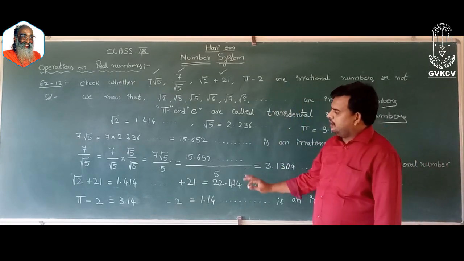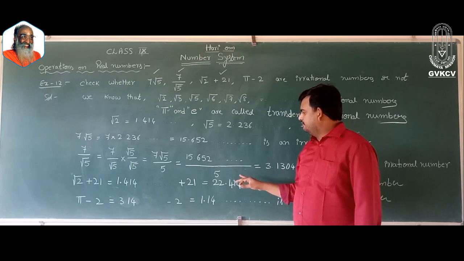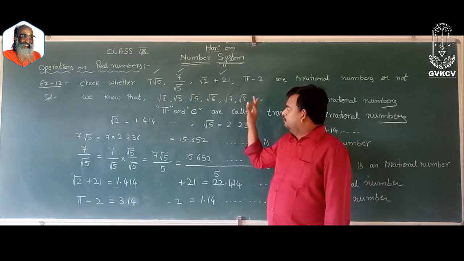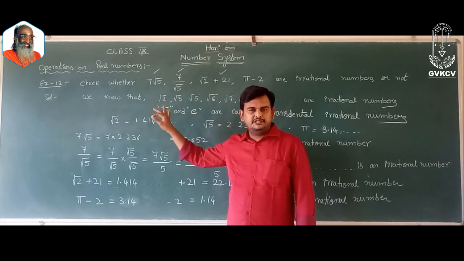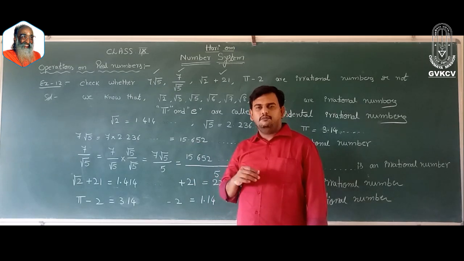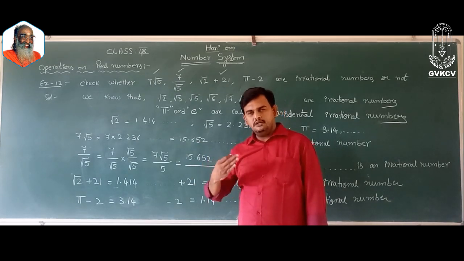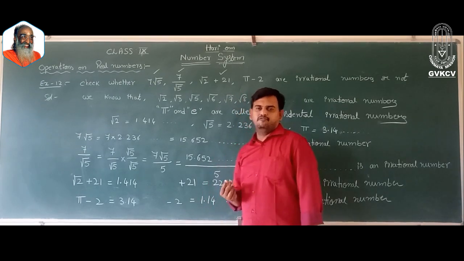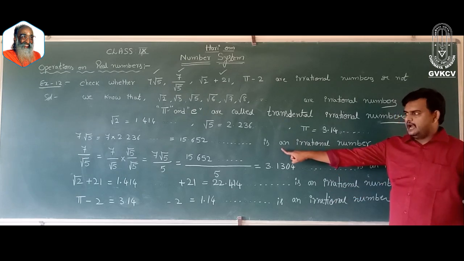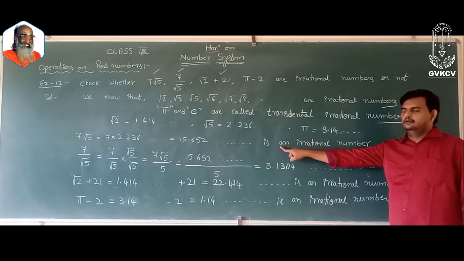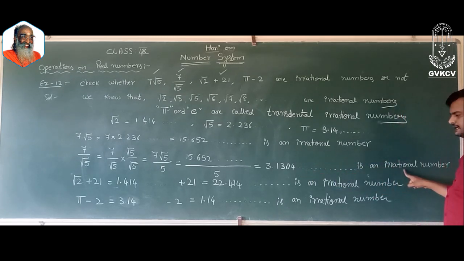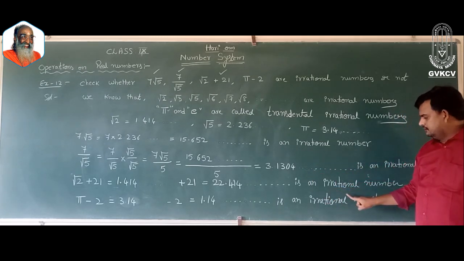Now, what information are we getting by observing these problems? We are performing the four fundamental operations between a rational and an irrational. When we perform a fundamental operation between a rational and an irrational, our final answer is also an irrational. If you add, if you multiply, our result is an irrational number. If you divide, our result is an irrational number. If you add, irrational number.